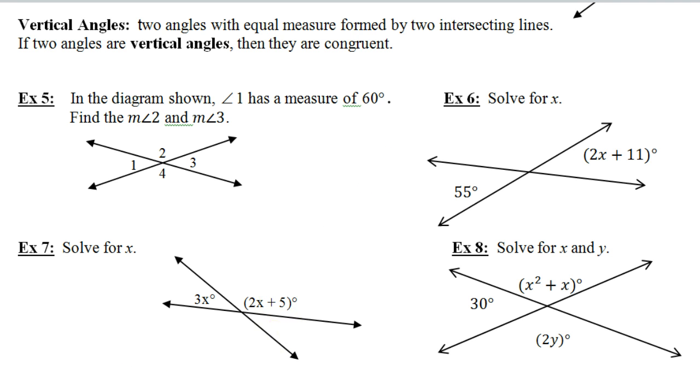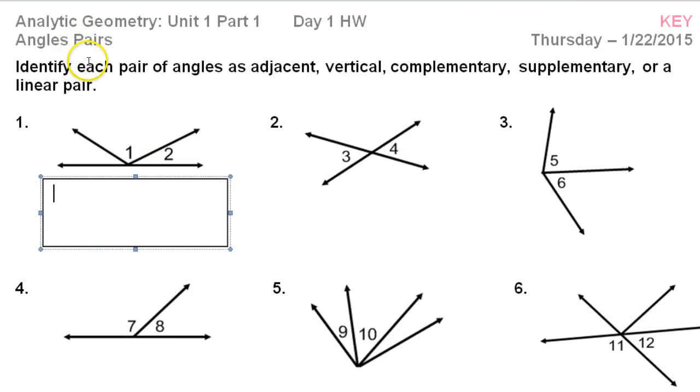Okay, that's it. So we are supposed to identify each pair of angles as adjacent, vertical, complementary, supplementary, or a linear pair. We're going to name as many things as apply. So in problem number 1, we're talking about angles 1 and 2. Angle 1 and 2 are right next to each other. They share a common side, so they are adjacent angles.